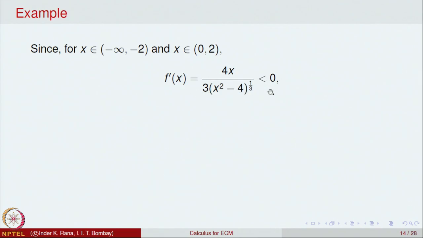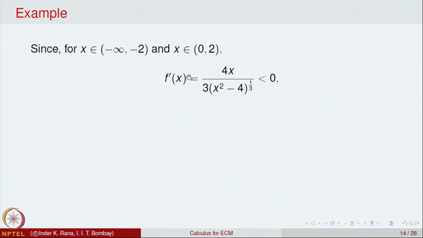So, f dash of x will be negative for x in this portion, and if x is in the portion 0 to 2, then x is less than 2. So, this value again will be negative, numerator is positive, but this value will be negative. So, f dash of x is less than 0. So, if x lies in these two intervals, then derivative is less than 0.